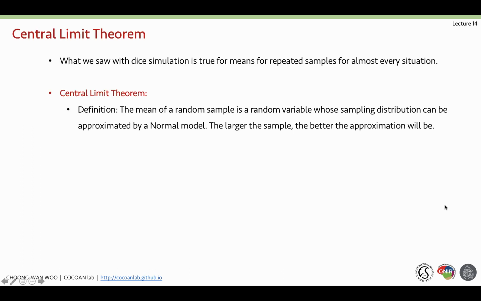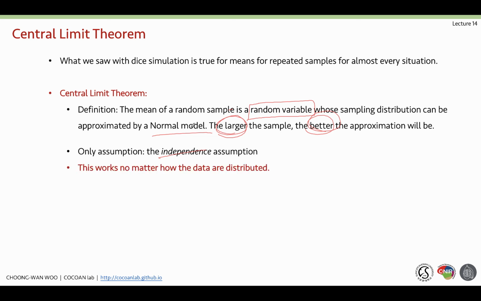The central limit theorem says the mean of a random sample is a random variable whose sampling distribution can be approximated by a normal model, and the larger the sample, the better the approximation. The only assumption here is the independence assumption. And the important thing is this works no matter how the data are distributed in the first place.